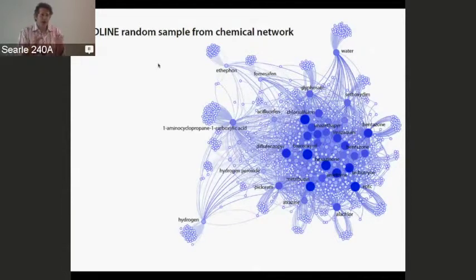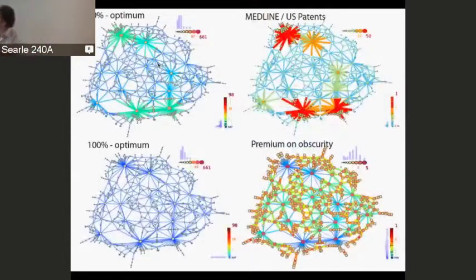We use that model not only to estimate the way in which science explores this space, but also to search through the space of alternatives. So we take a subset of the graph that's matched on its distribution of degree and distance, and we use it to estimate the actual strategy that we see in Medline.